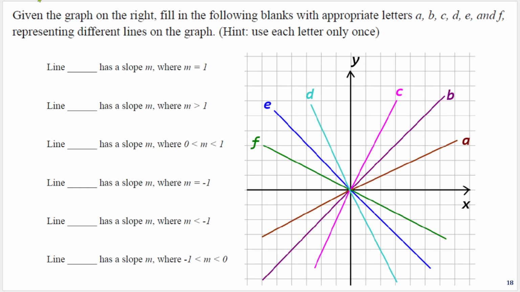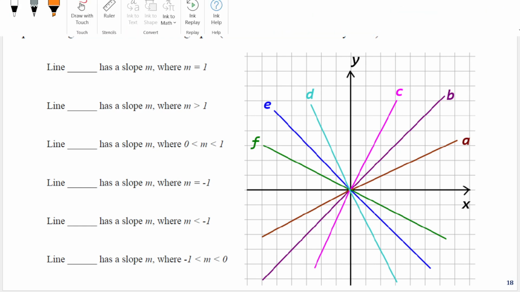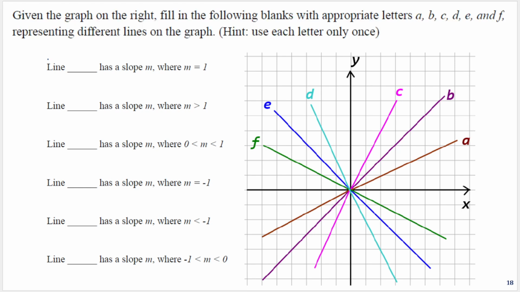So next, let's have a look at a practice, okay? So given the graph on the right, can you fill in the following blanks with appropriate letters A, B, C, D, E, and F, representing different lines on the graph? Okay, so we have a 2D Cartesian plane here, and suppose the length of the side of the squares is 1.